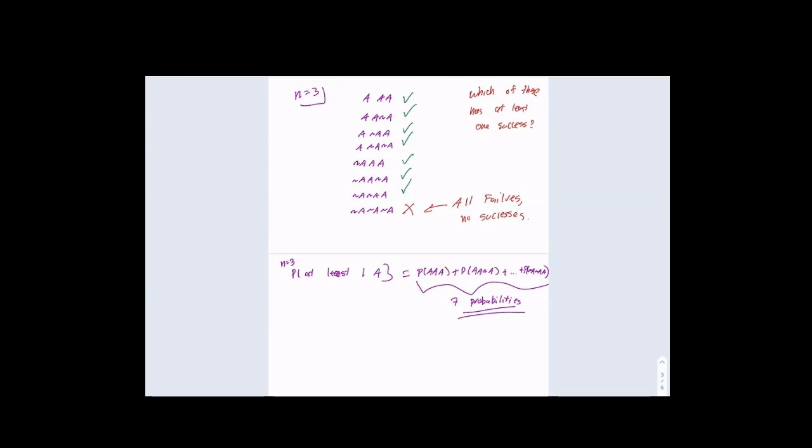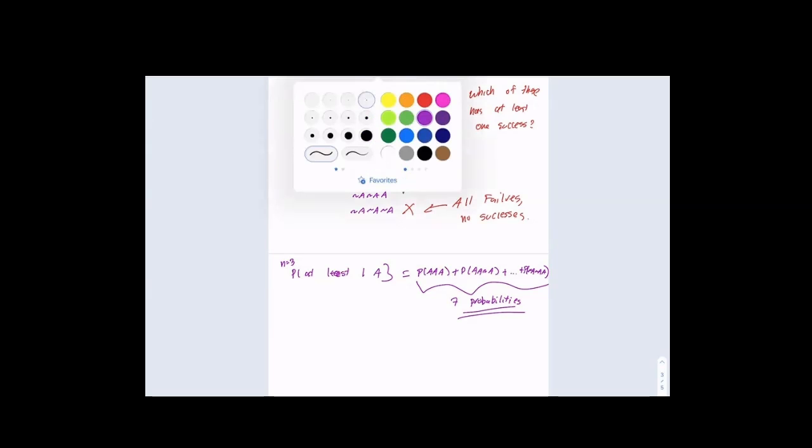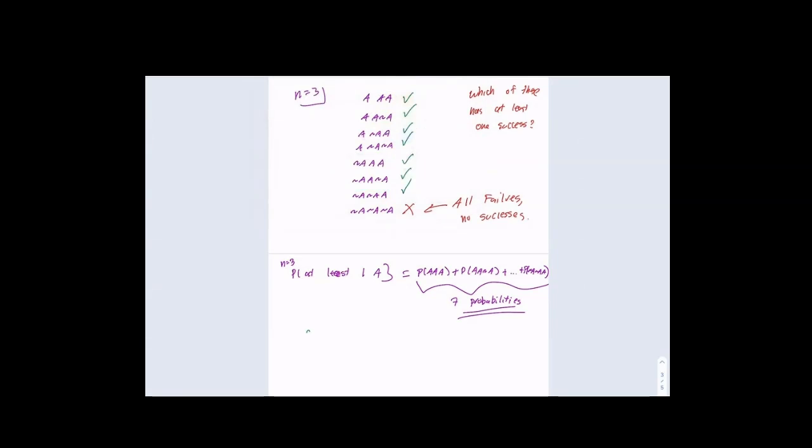Well, there's 8 different possibilities that can happen when n is 3. That means that 7 of those outcomes will have at least one success. But there's a math trick. There's one instance that has all failures. There is one outcome that is not.